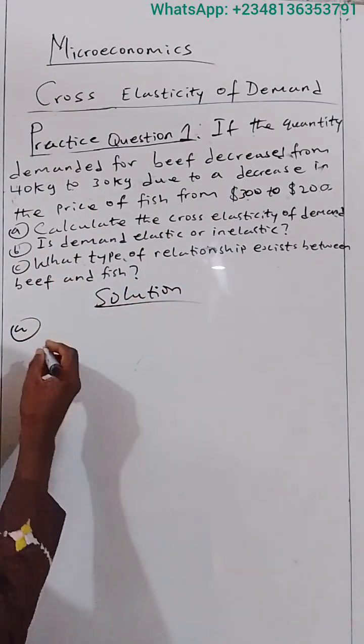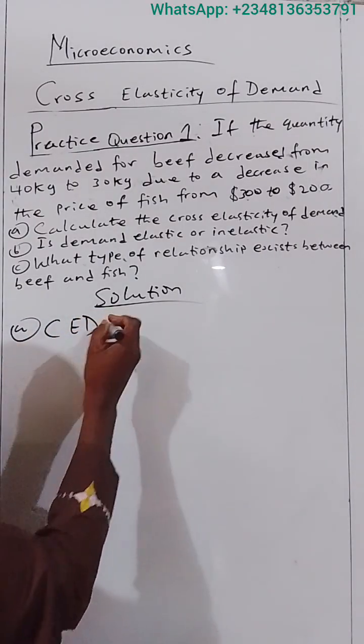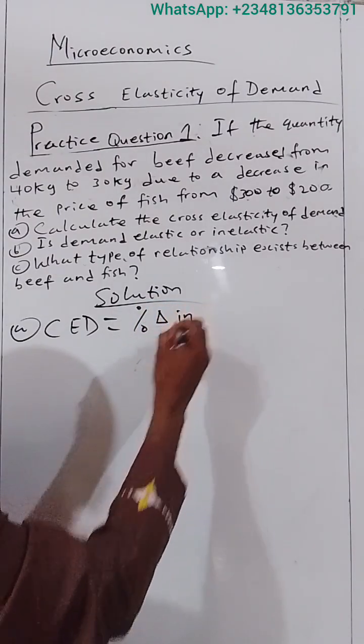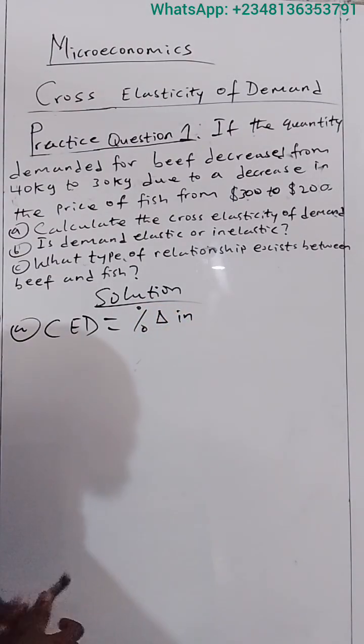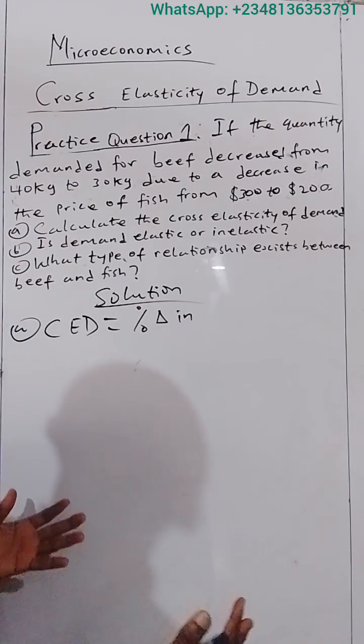You remember the formula for calculating the cross elasticity of demand, CED, is equal to the percentage change in the quantity demanded for a particular good divided by the percentage change in the price of the other good.